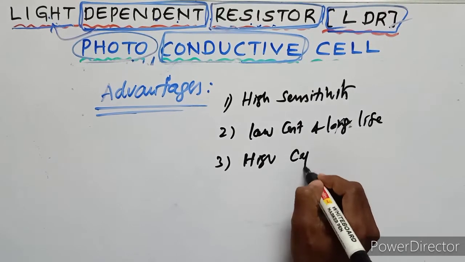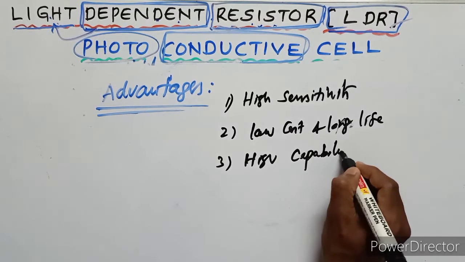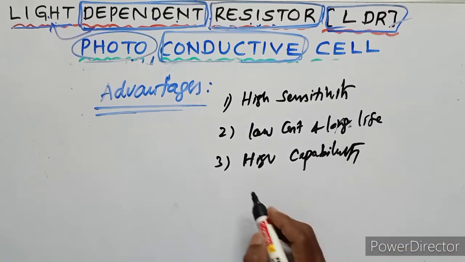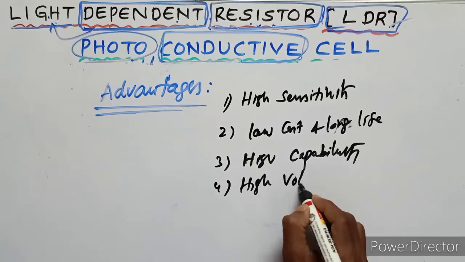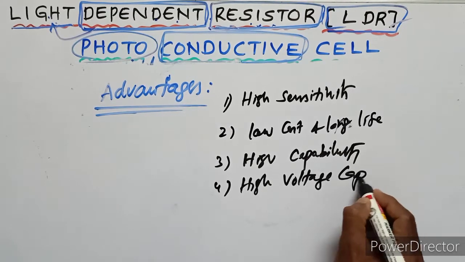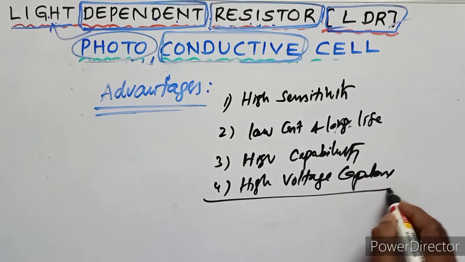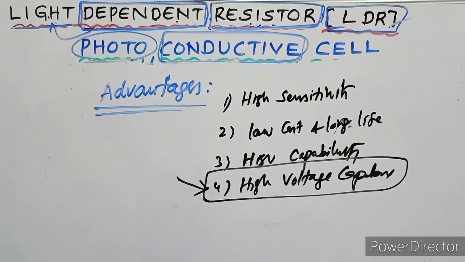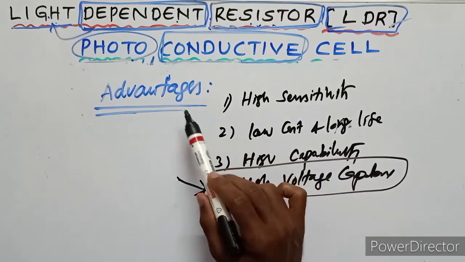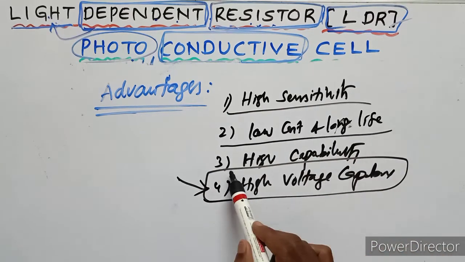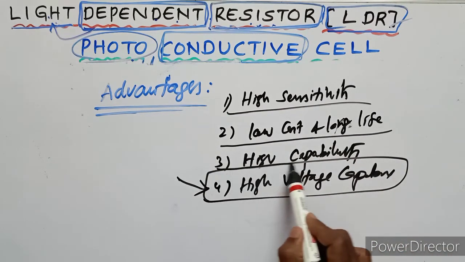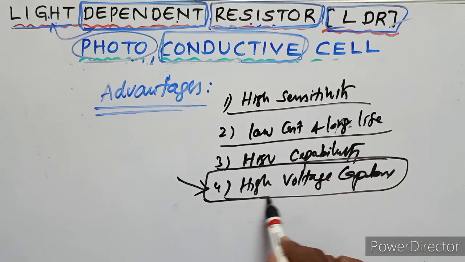LDR has high voltage capability, so LDR is used as a voltage regulator. Advantages of LDR: high sensitivity, low cost and long life, high dissipation capability, high voltage capability.